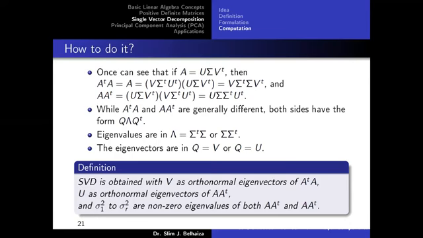So the SVD is summarized in the definition: V as orthogonal eigenvectors of A^T A, U as orthonormal eigenvectors of A A^T, and sigma 1 squared to sigma r squared are the non-zero eigenvalues of both A^T A and A A^T. I'm sorry for the miswriting on the slide; it should have been A^T A and A A^T.